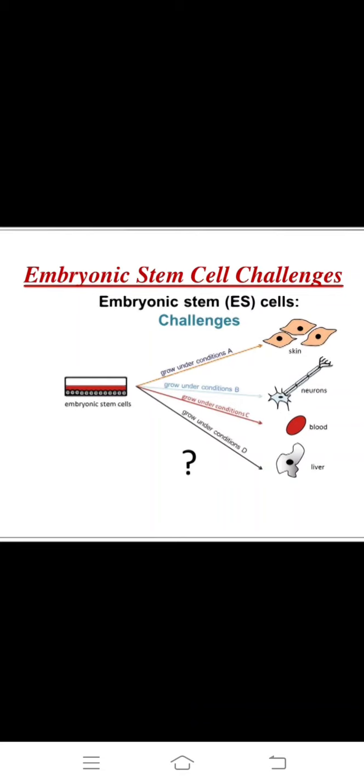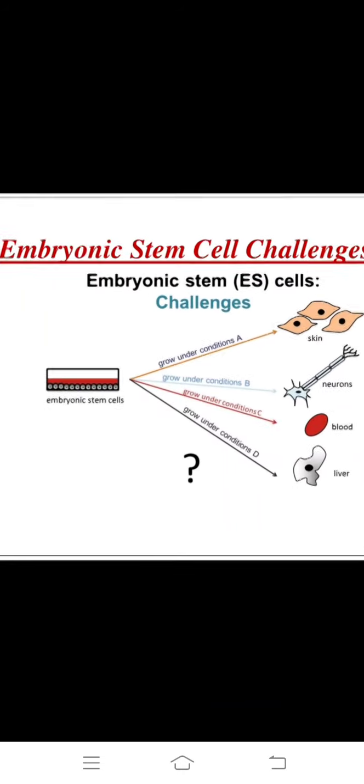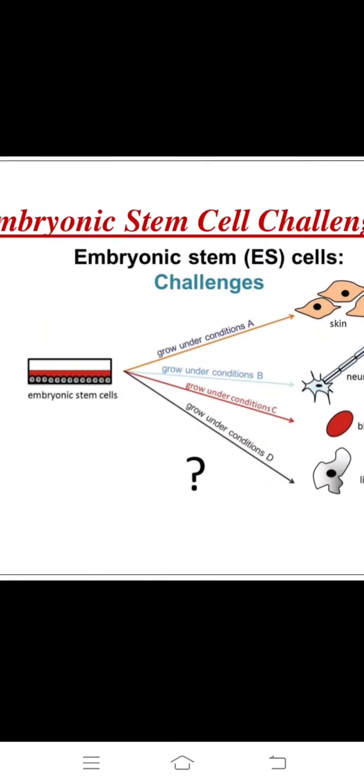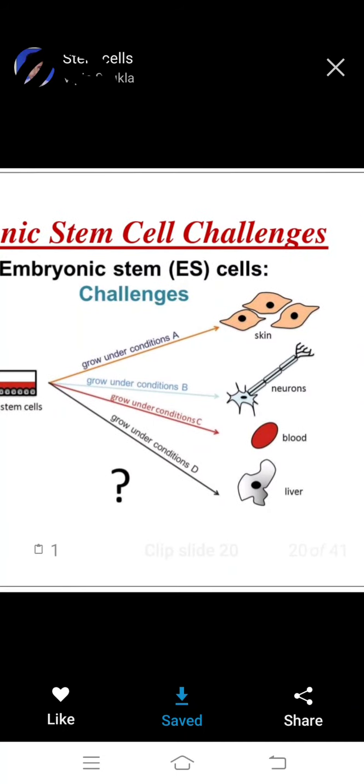Second one, embryonic stem cells challenges. First, embryonic stem cells are grown under conditions A, B, C, D. Okay. First, under condition A they form only skin.